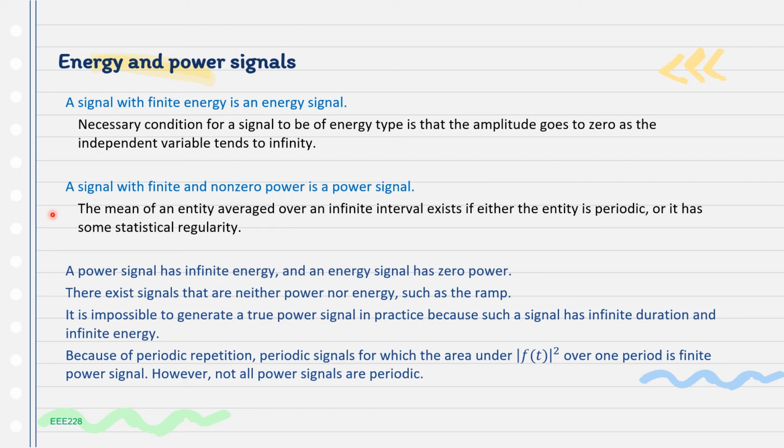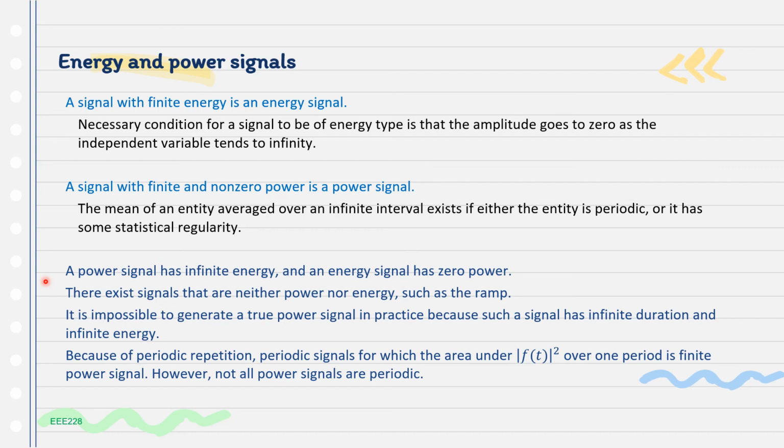So a power signal has infinite energy. That's true, right? If we apply the energy formula and we find that the energy is infinite, that means we can apply the power formula, so then it becomes a power signal. That means a power signal has infinite energy, and an energy signal has zero power.